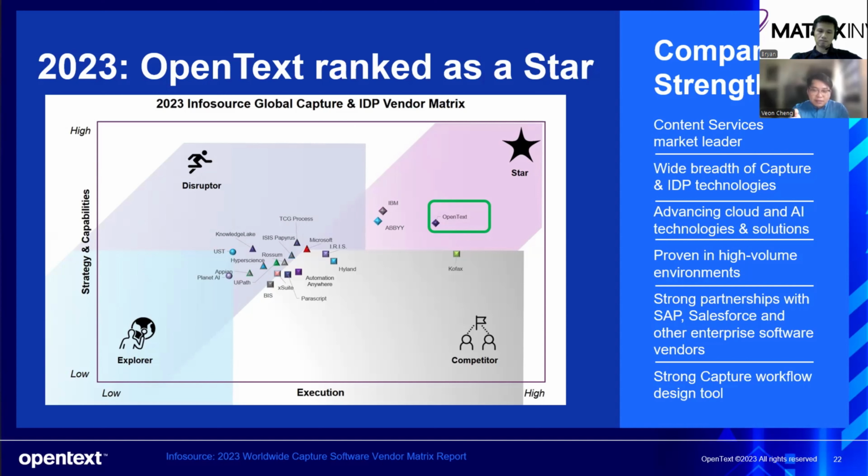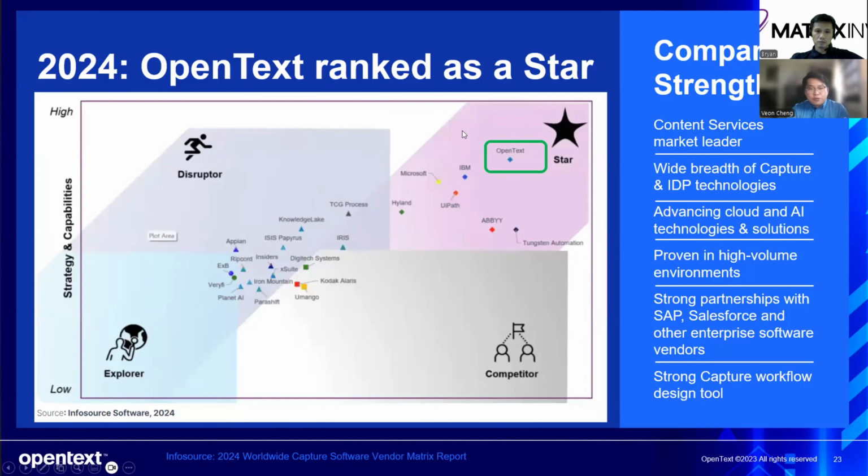You just need to pass the document to the system, and it will be smart enough to know, okay, this is an invoice, so these are the information you want to extract. We are highly innovating and put a lot of intent into R&D. Therefore, we have moved to the top quadrant in 2024.